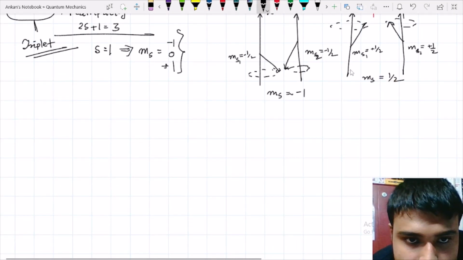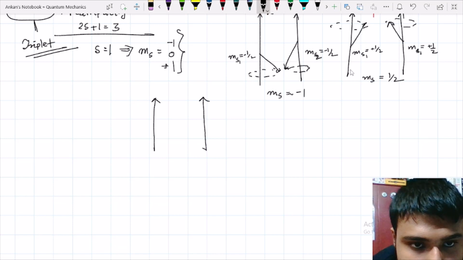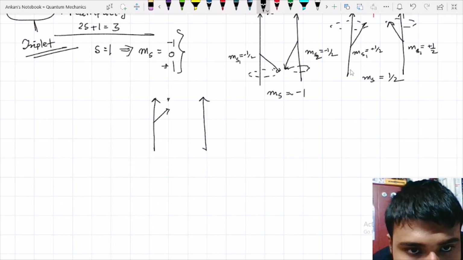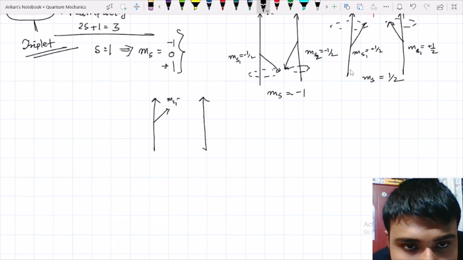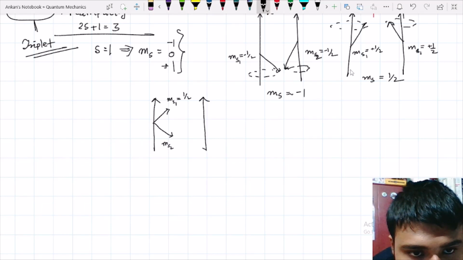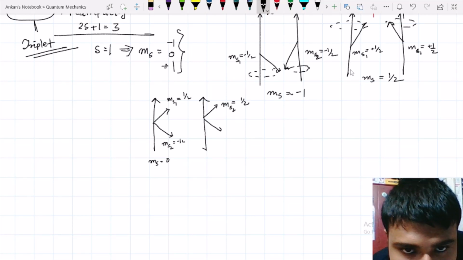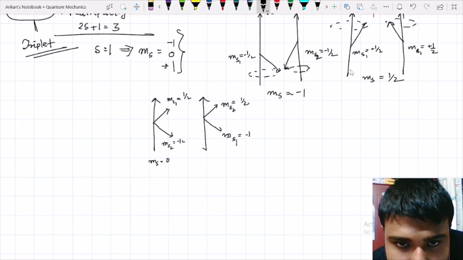And if we take ms1 plus half and ms2 minus half, so that total ms will be 0, or ms2 can be positive up spin and ms1 down spin, so that also ms equals 0.